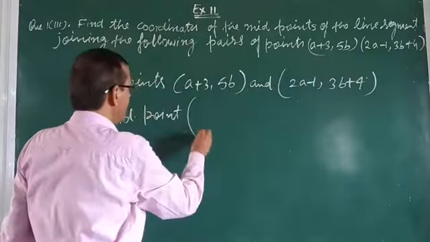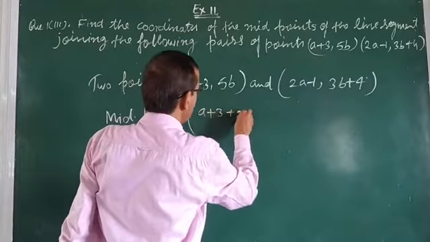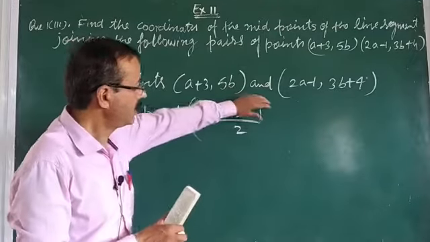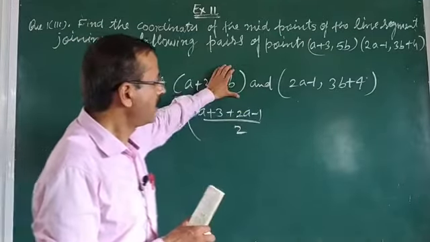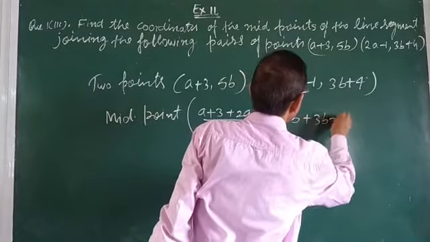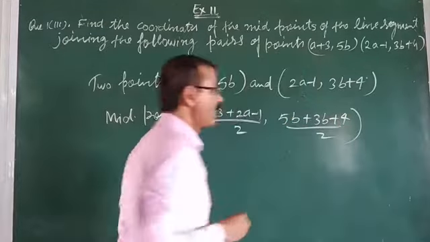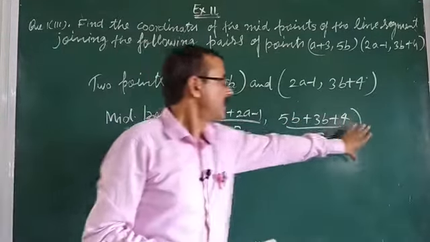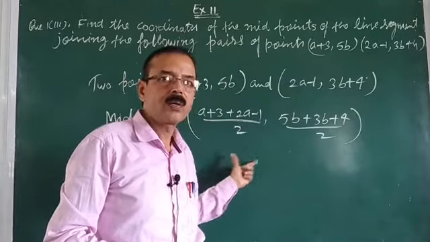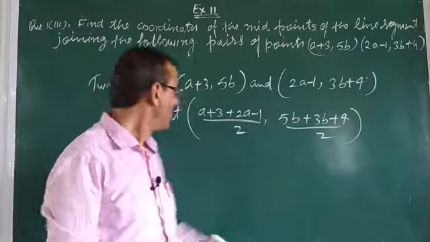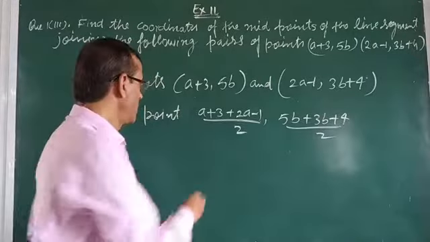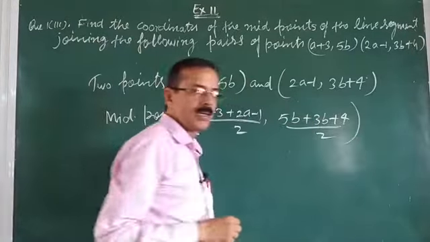So the midpoint will be ((a plus 3 plus 2a minus 1) upon 2, (5b plus 3b plus 4) upon 2). It is compulsory to apply the small bracket and separate by the comma to represent the point coordinates. Do not forget this. If you write it without that, it is not a point and no marks will be given. So it is compulsory to mention the small brackets.